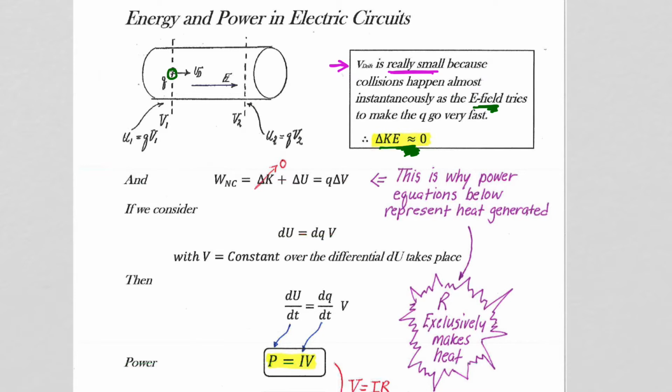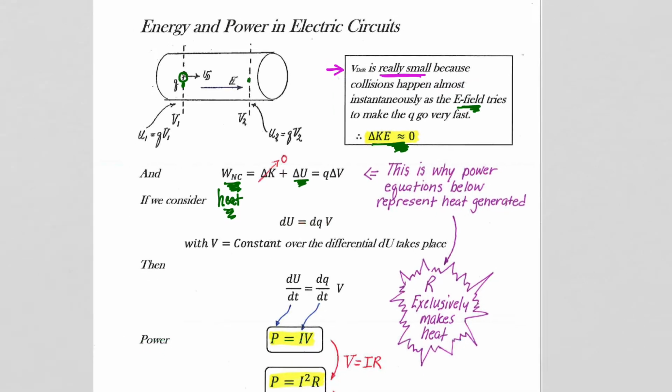So when we're looking at conservation of energy, as a particle Q moves from one point to another, what we are going to say is that the work done by the non-conservative forces, and that really comes down to heat, will be almost the entire change in the potential energy.